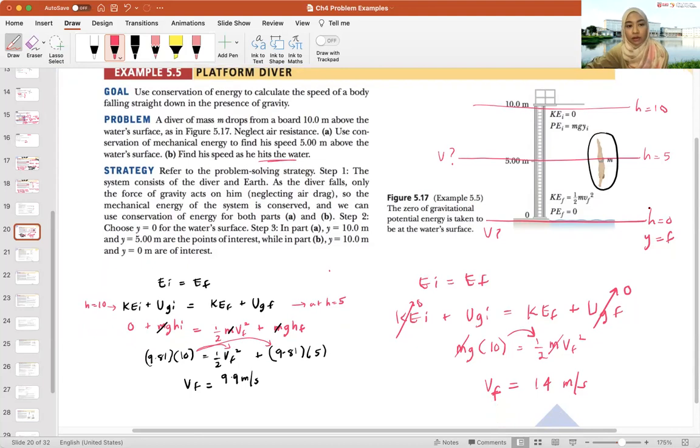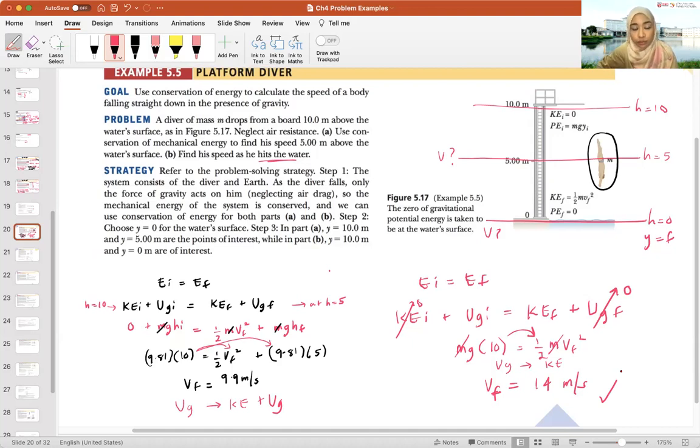So sekarang dia punya velocity lagi besar. Complete transformation from UG into KE. This guy, transformation of UG into KE plus UG. So dia kena share. So KE kurang. Ni KE tinggi. Okay, so I hope everyone understands those two examples.